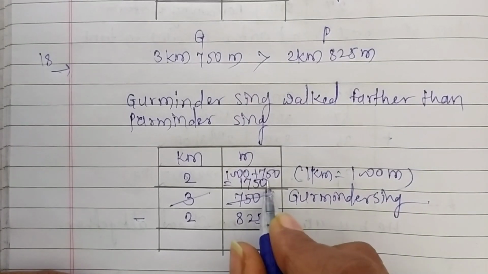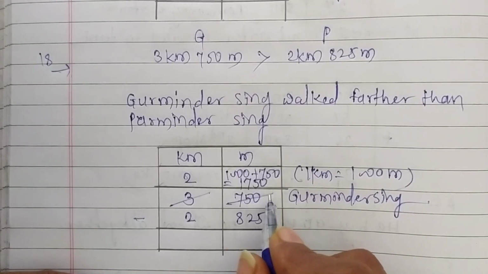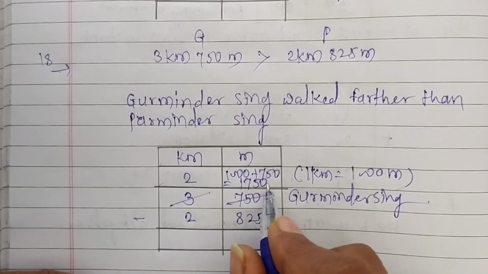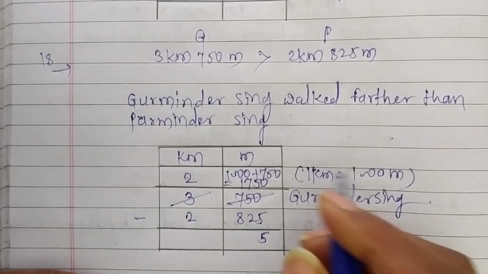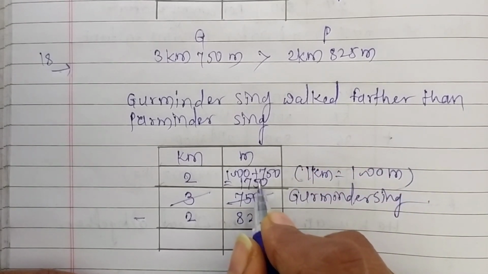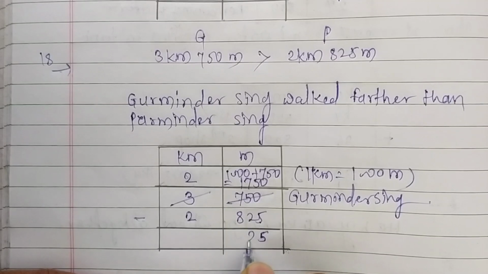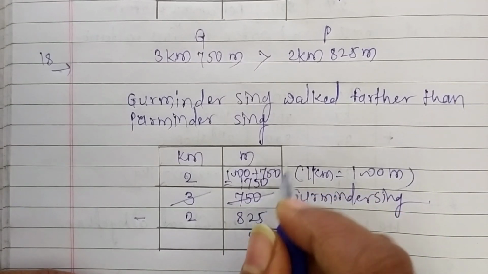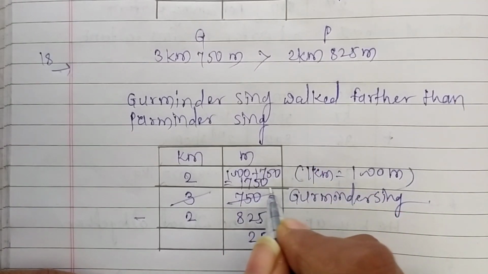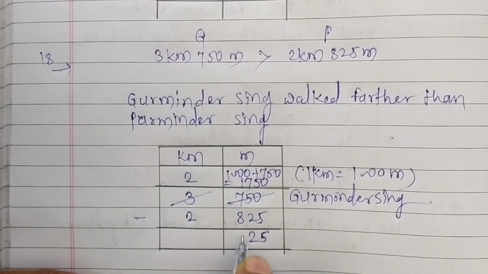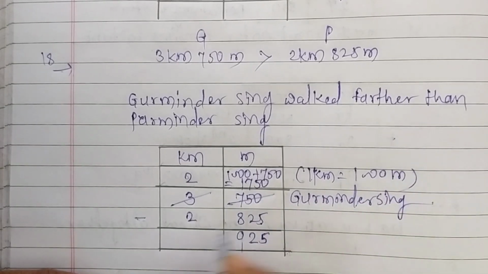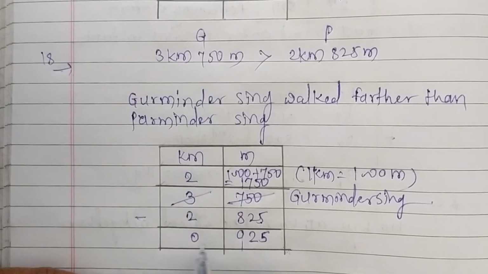Now let's subtract it. Here we can't subtract 5 from 0. So 10 minus 5, it's a 5. Then 4 minus 2, it's a 2. 17 minus 8, it's a 9. 2 minus 2, it's a 0.